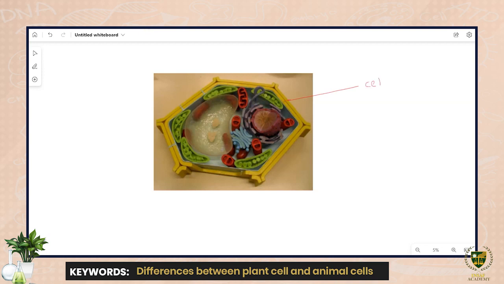This one is the cell wall here, and this one is the chloroplast, which is absent in the animal cells. And this is the nucleus.